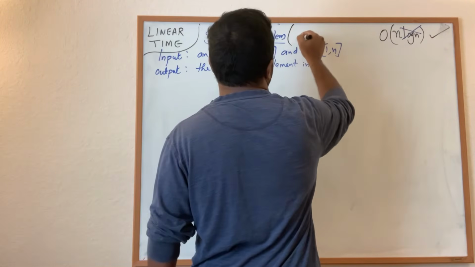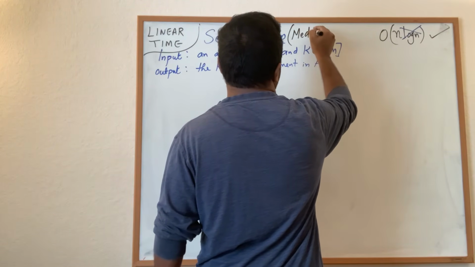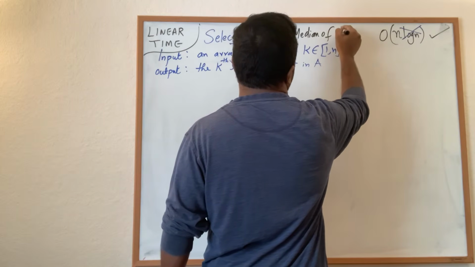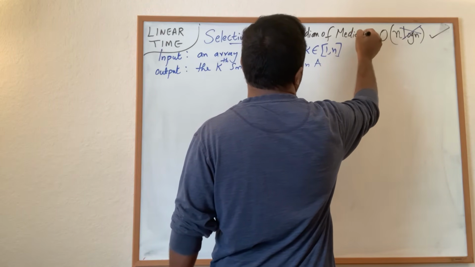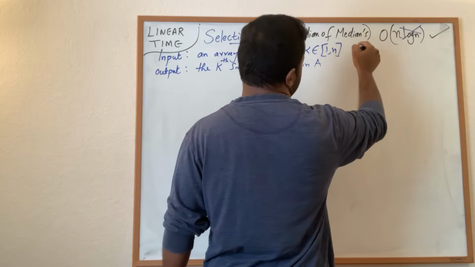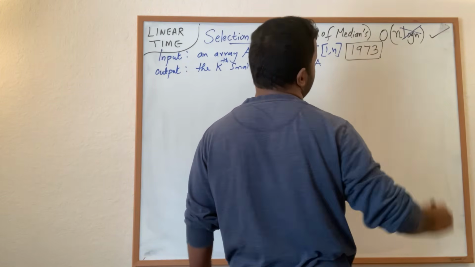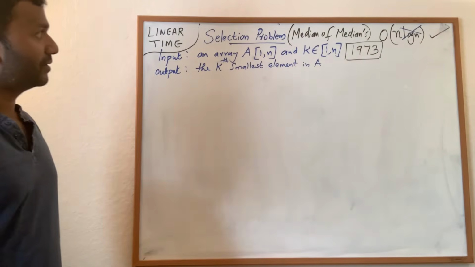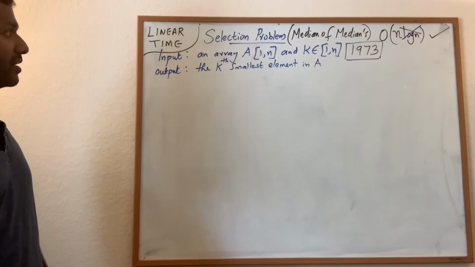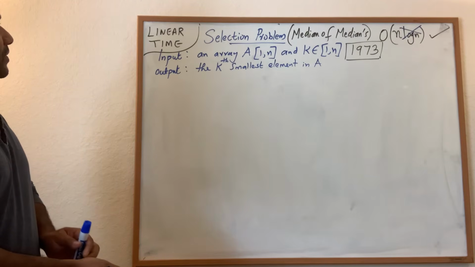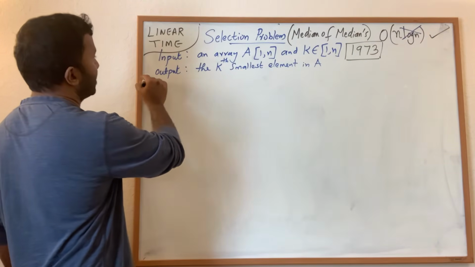It's called the median of medians, and it's from 1973, almost 50 years back. Good. So let's see what the algorithm is.